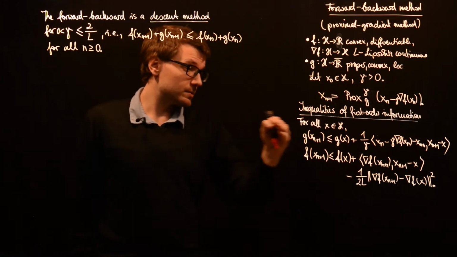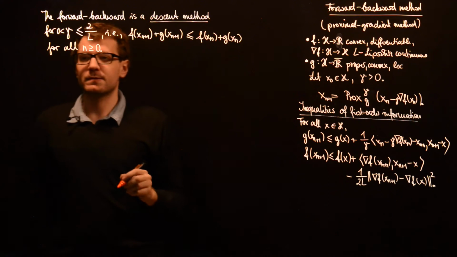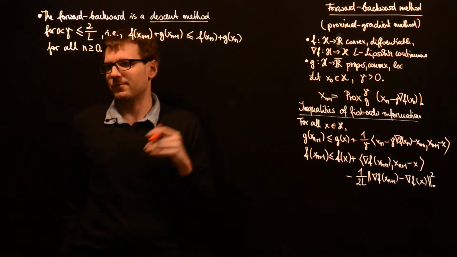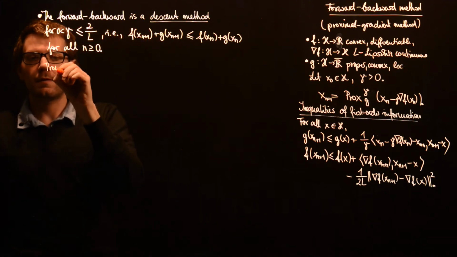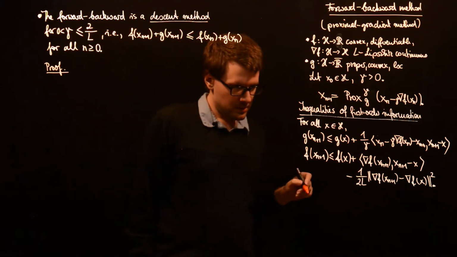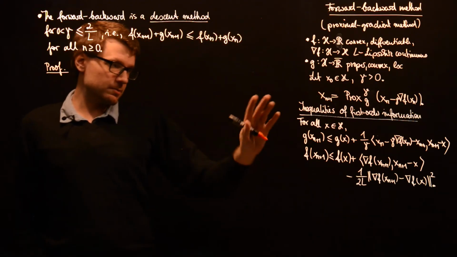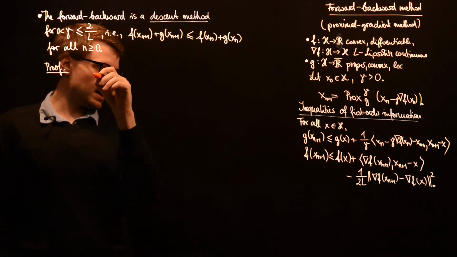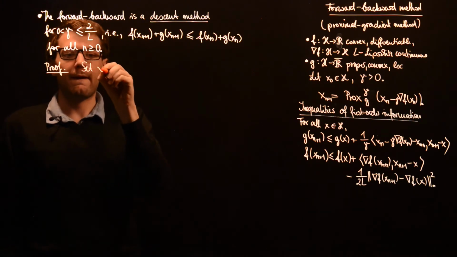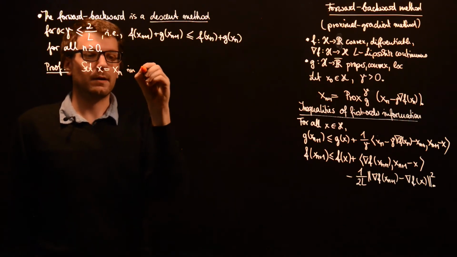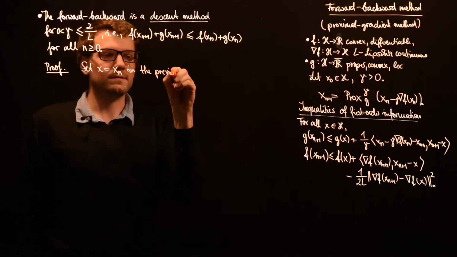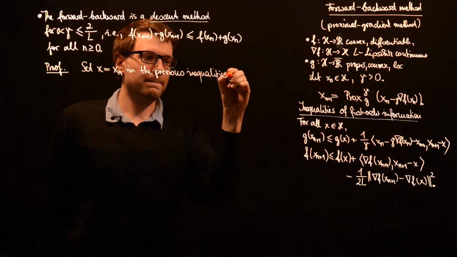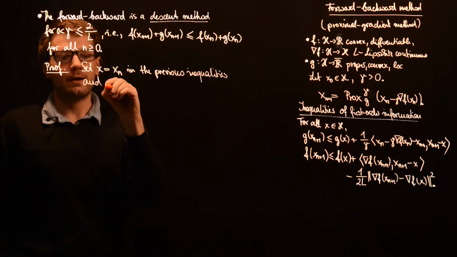Okay. And this is very easy to see from those two inequalities. The proof for this fact, I don't want to state as a separate theorem. Well, we take those two inequalities and add them, and set x equal to xn in the previous inequalities.